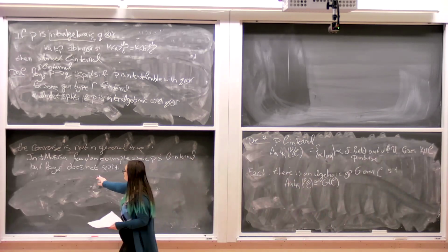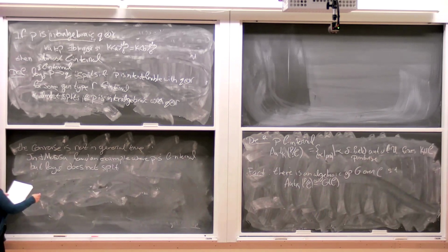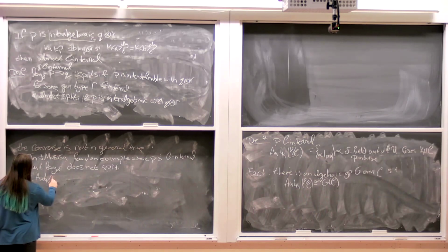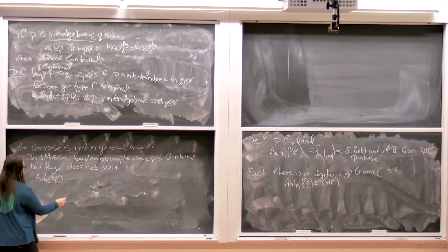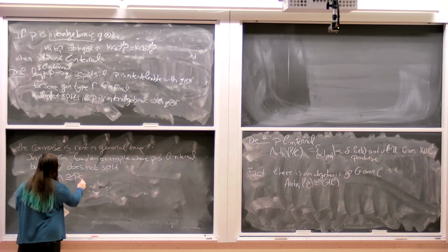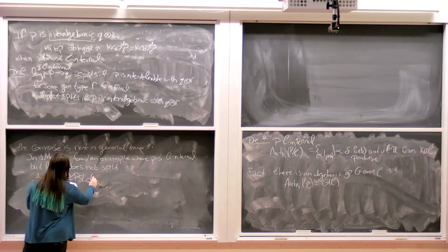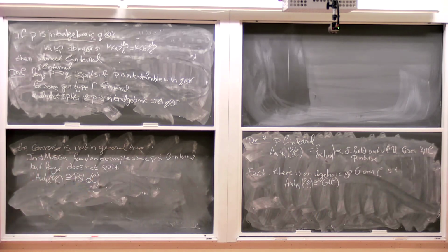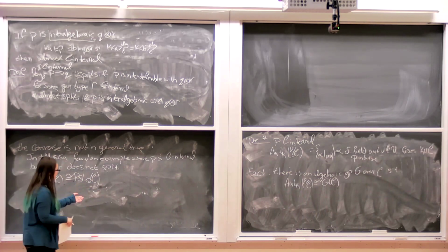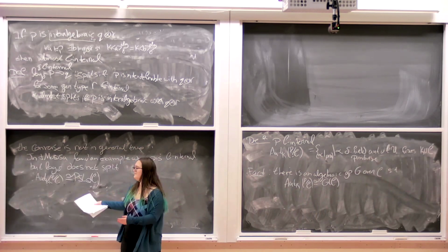What's happening with this example is that the binding group for the example they picked is PSL2, its C points. So we need to somehow exclude a case of this kind.